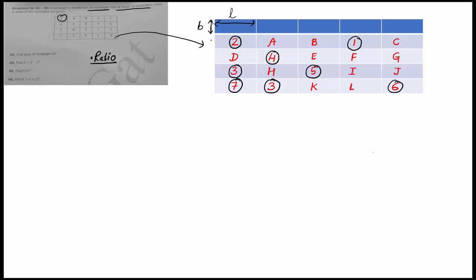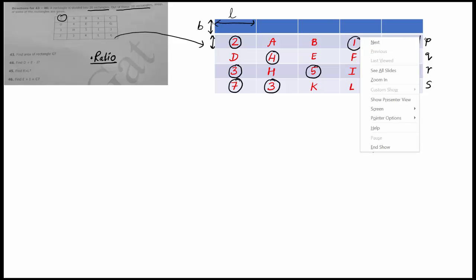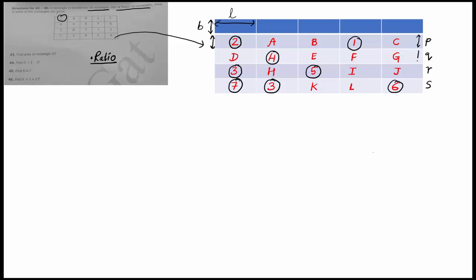So I'm going to name this part as P, this one as Q, this one as R, and this one as S. So this P is the width of this section, and Q is the width of this section, R is the width of this section, and S is the width of this section.